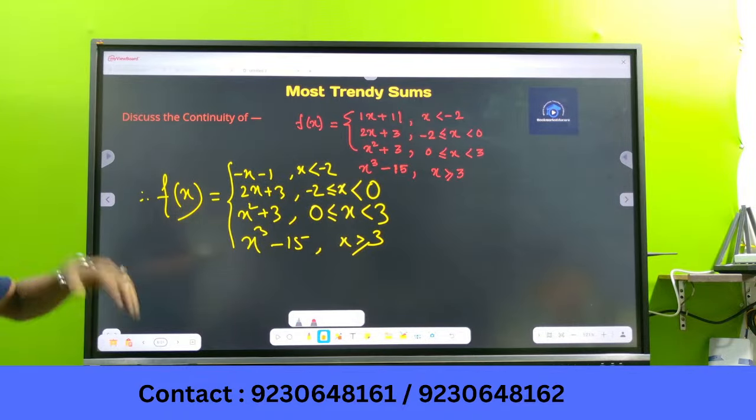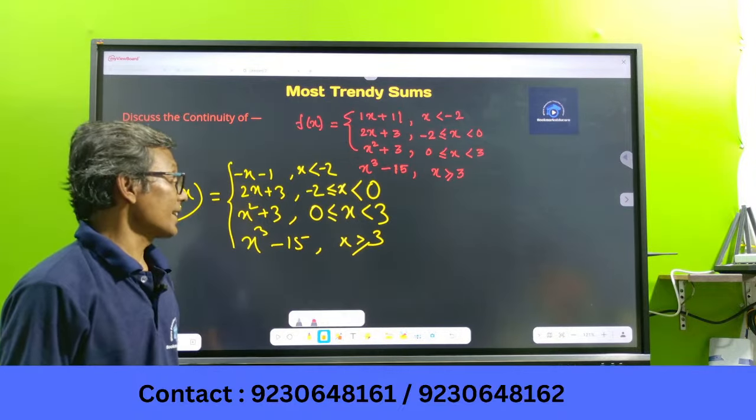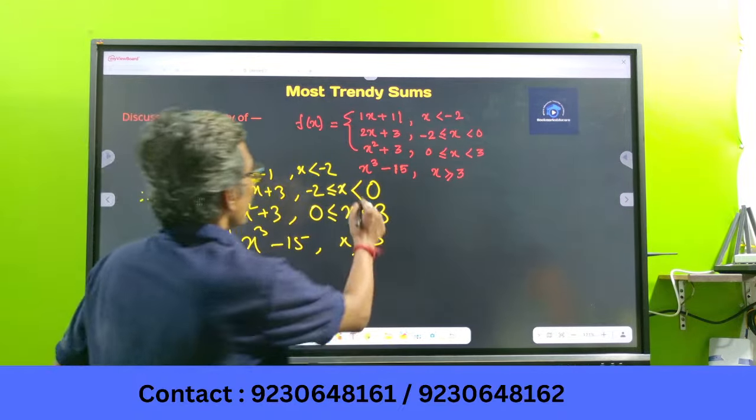So in this sum we can see the intervals.